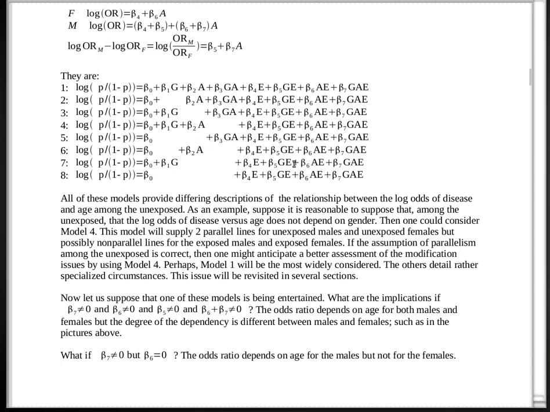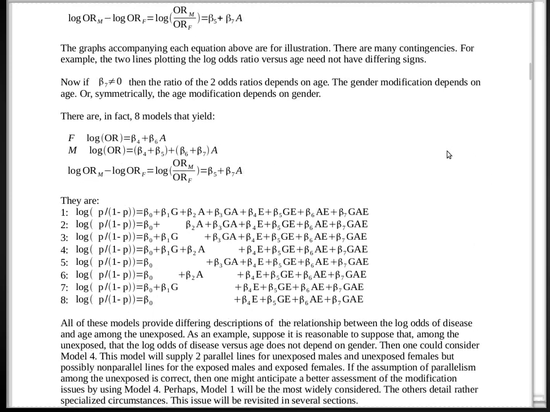Okay? Because beta 6, in this instance, refers to the line, which is the odds ratio for the women. And let me just remind you what that is. There it is right there. And the slope of that line is beta 6.